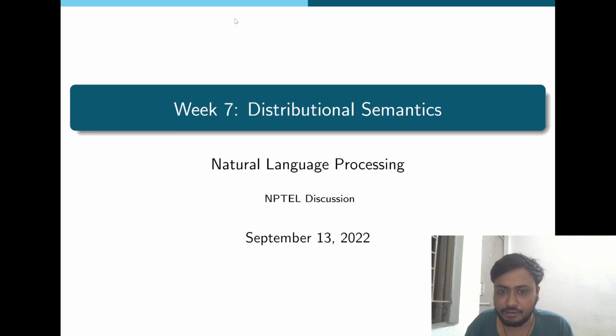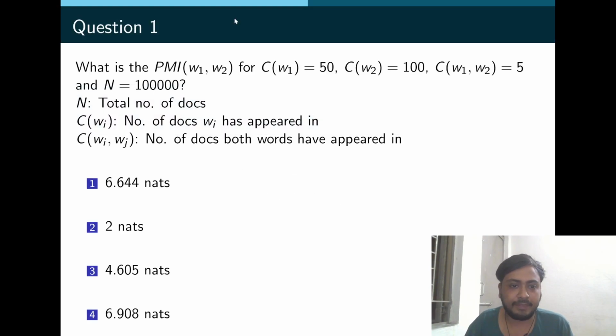I want it to be more interactive, so I would like you to guess the answers, and then we will discuss the solutions, at least for the problems which don't require computation.